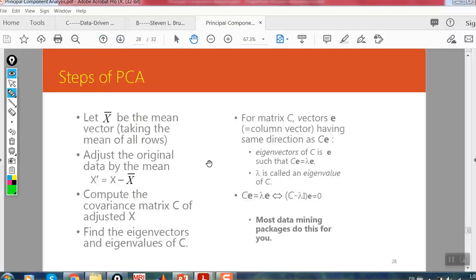Then the covariance is important for us. Then the base of the PCA is covariance. How do we calculate the covariance matrix? We explain. At first, we calculate the mean.